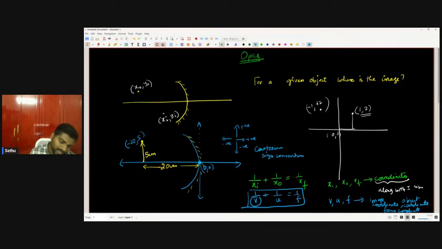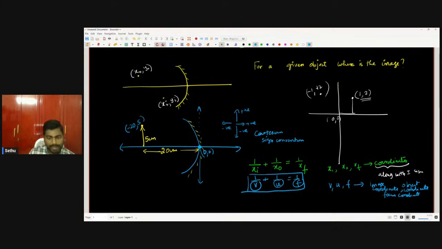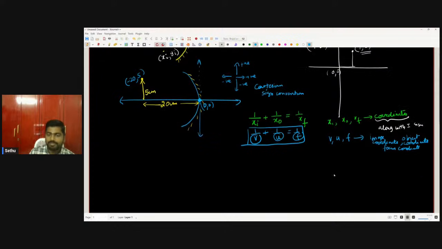The moment you think of all of them as coordinates, you will never make a mistake in sign convention. You will take them along with appropriate plus minus sign. Right? So the moment you think of them as coordinates, you will never make a mistake. You will take them with appropriate plus minus sign.